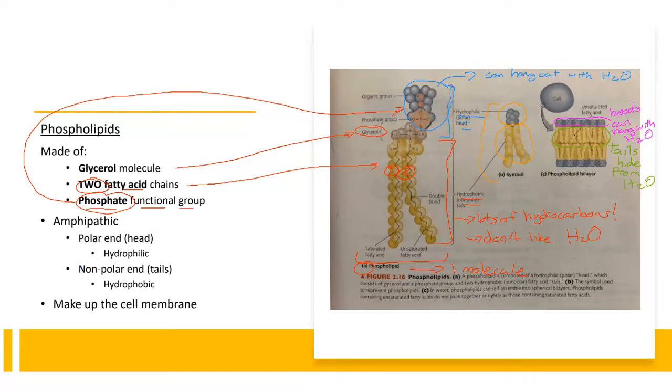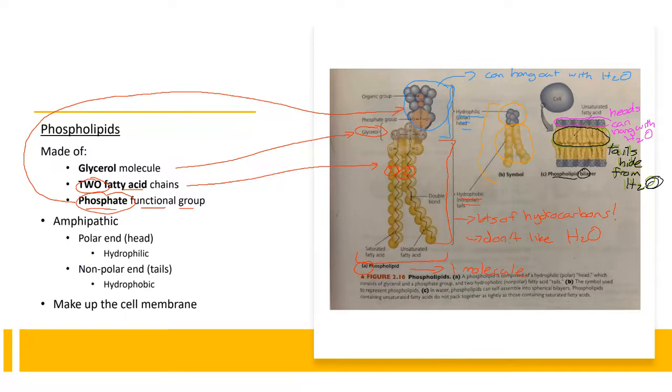Okay, I hope you're able to see that. I know it's not very visible. Okay, there you go. These are going to be the tails. Tails hide from water. And that's why if they get together, then they form something called a phospholipid bilayer.